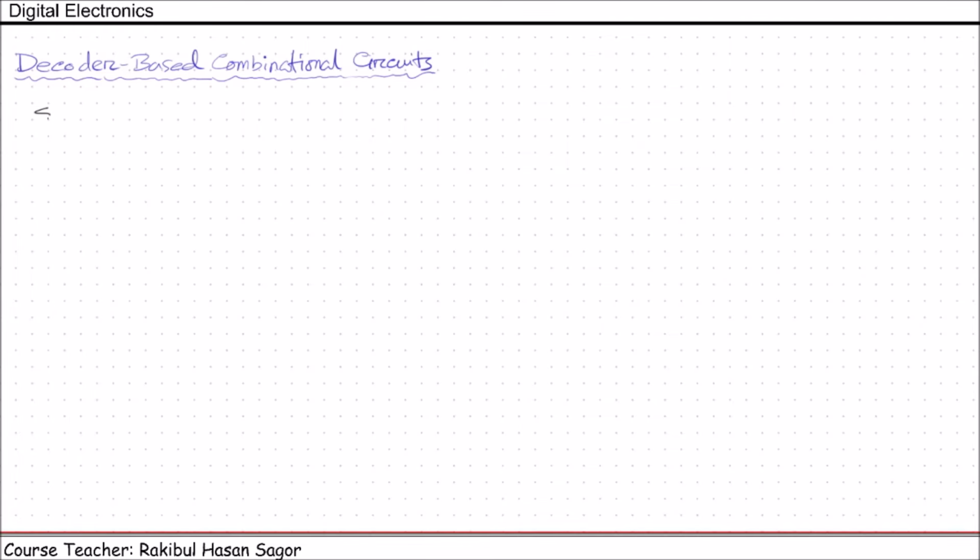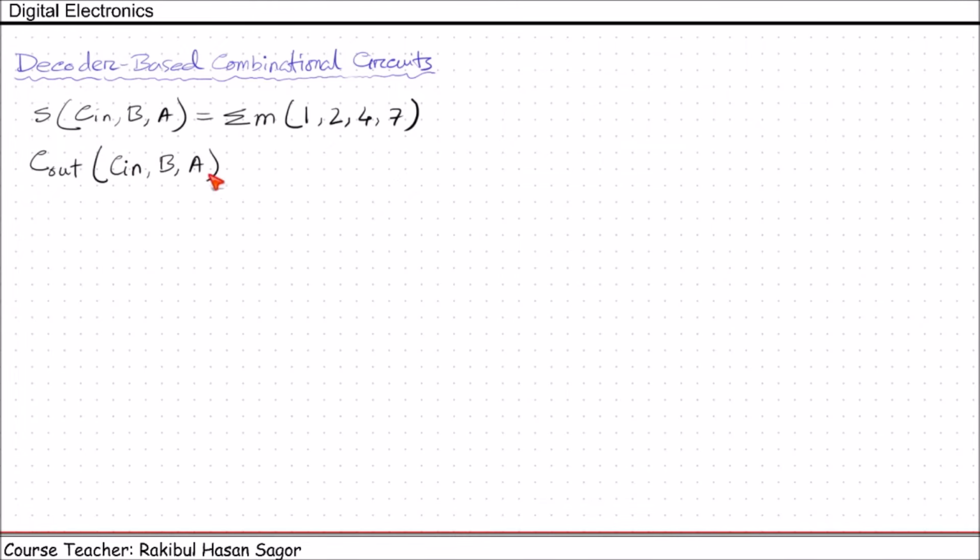For the full adder that we designed earlier, the sum expression was Cin B A, summation of minterms 1, 2, 4, 7, and the carry out that we designed was Cin B A, sum of minterms 3, 5, 6, 7.